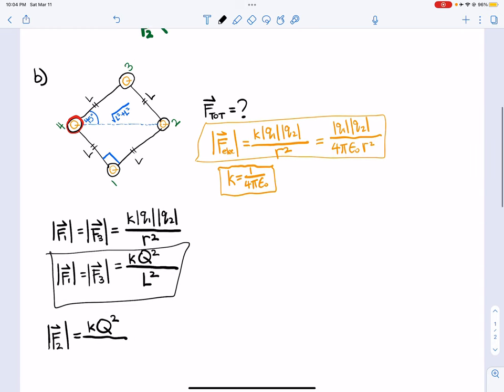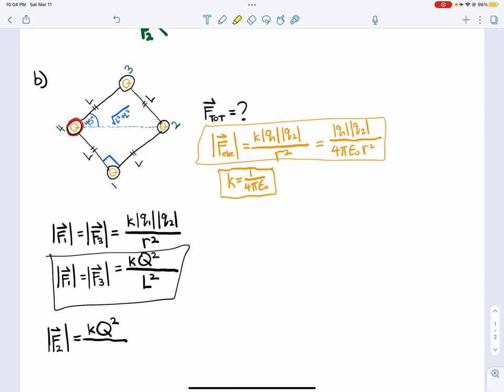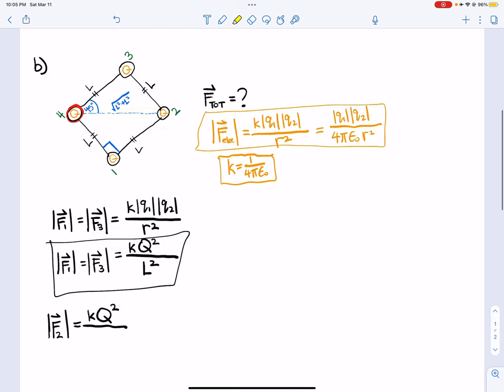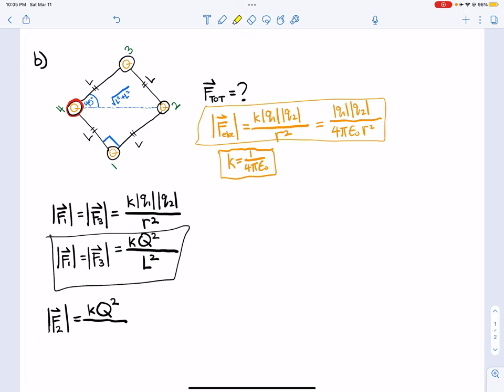What about my distance between charges? The only 2 points with different distances between the charges is the distance from charge 2 to charge 4, right? That's a diagonal of the square. If each side of the square has length L, then that is the square root of 2 L squared.